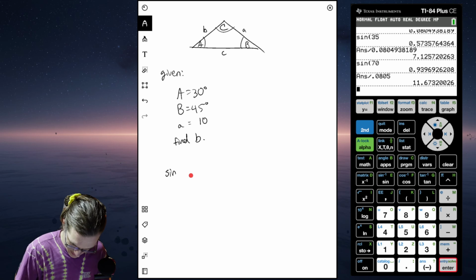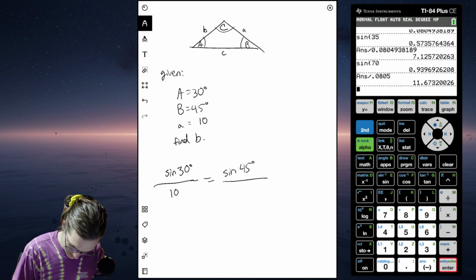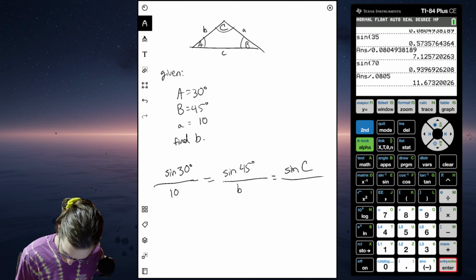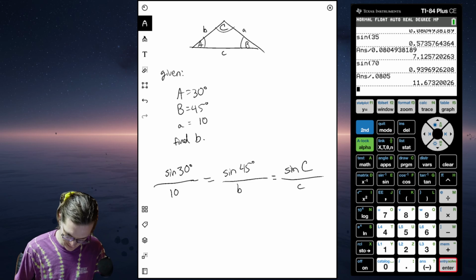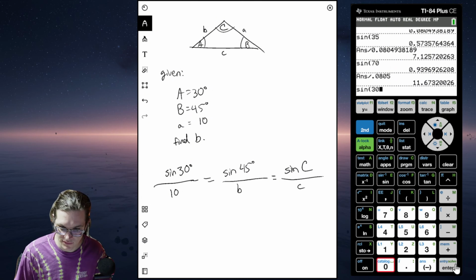Sine of A over side A is equal to sine of B over side B is equal to sine of C over side C. Okay. Sine of 30 degrees over 10 is a number. Sine of 30 degrees divided by 10.